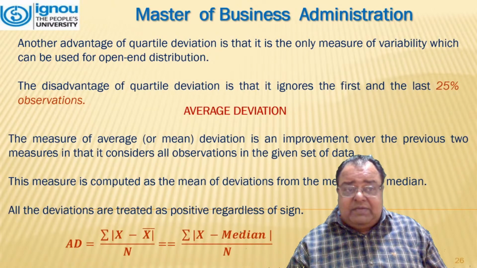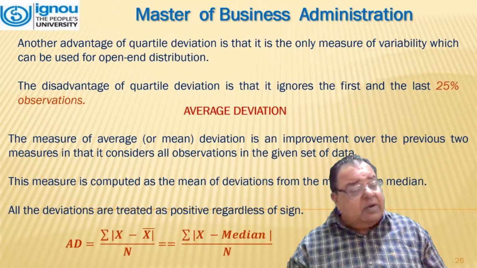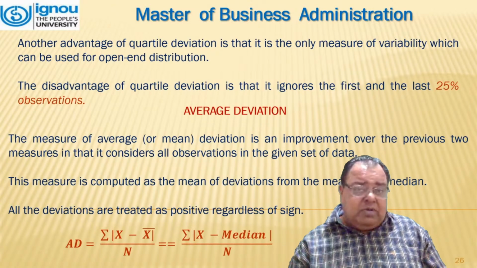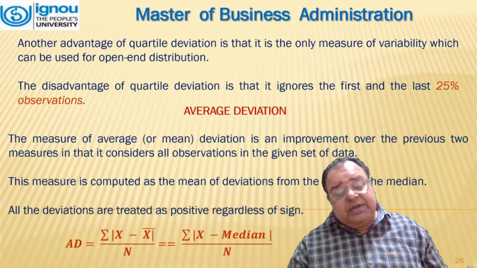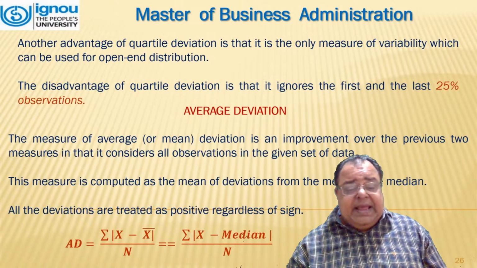That is why we are using mod. Average deviation, if we're talking in terms of mean, will be the deviation from mean. That is summation of mod value of (x minus mean) upon n. And if we are talking in terms of median, in that case, average deviation will be summation of the absolute difference between x and the median divided by n.